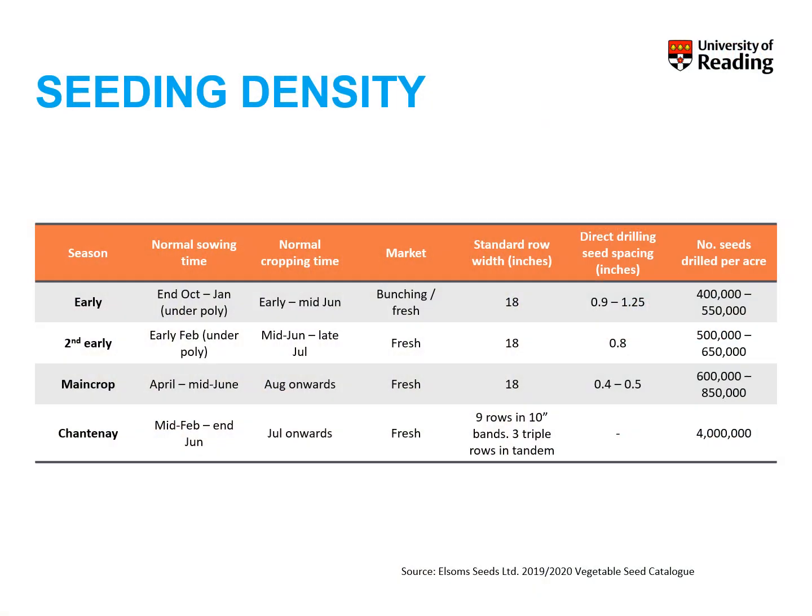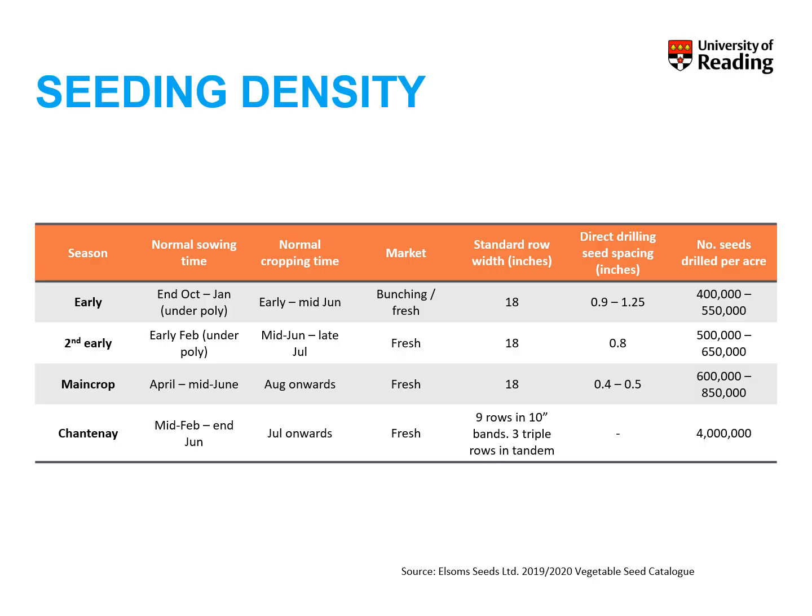The seeding density of carrots is quite important for determining its growth habits and also its market specification. So bunching or fresh market carrot roots may be seeded at a density of about 400,000 to 550,000 seeds per acre, whereas the Chantenay types, which are much smaller and have a shorter growth cycle, can be sown at much higher densities.